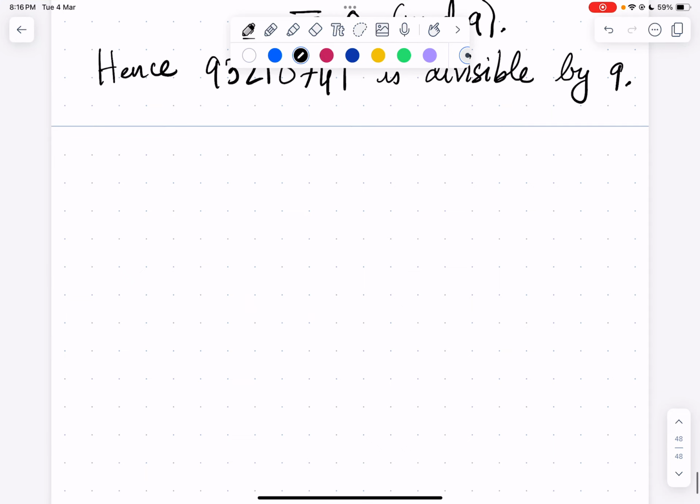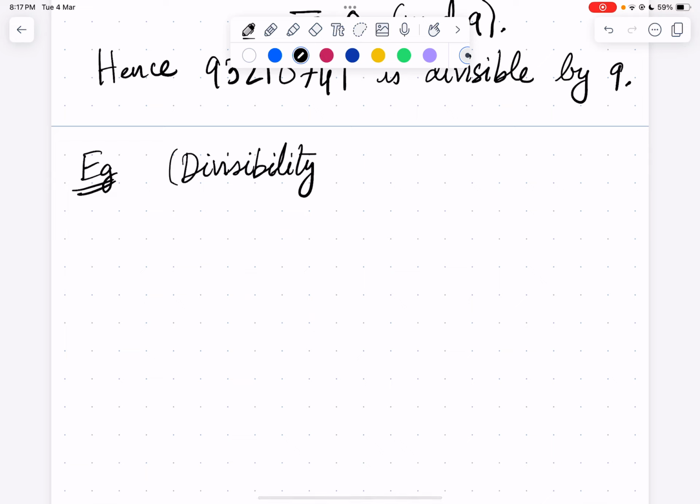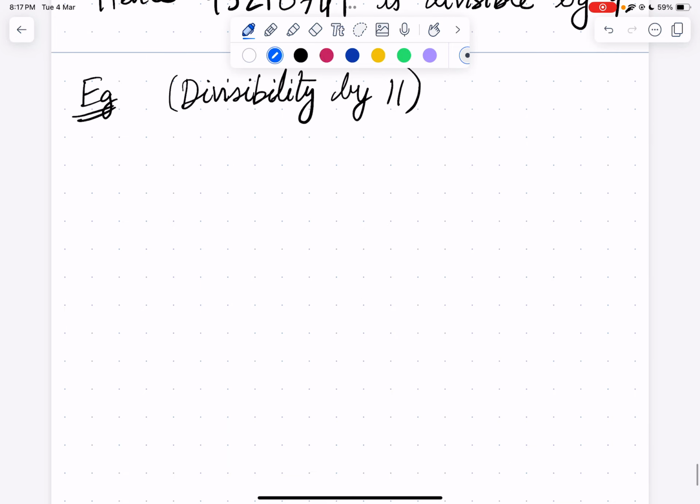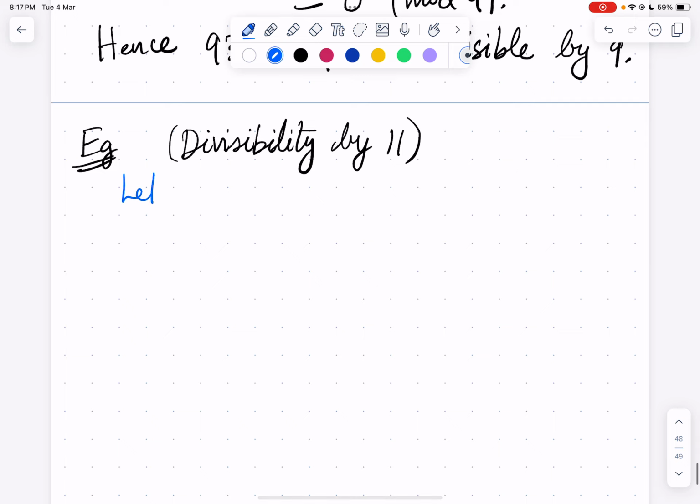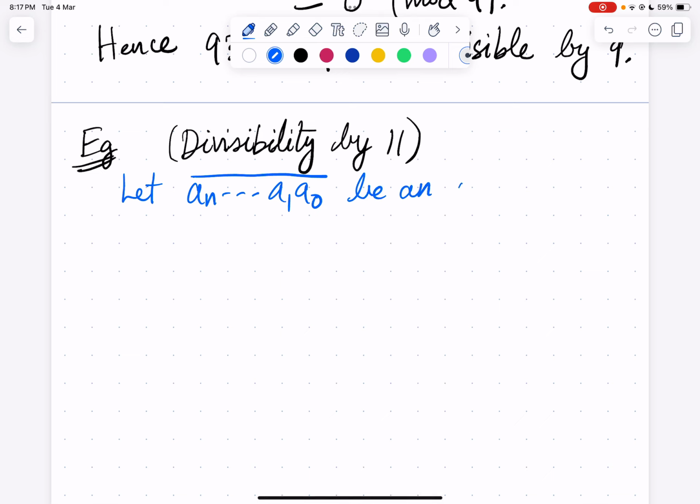So an even better example would be the divisibility by 11 thing. Divisibility by 11. So as above, let a_n ... a_1 a_0 be an n-digit integer.